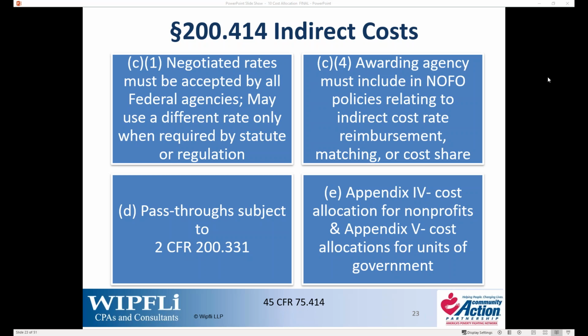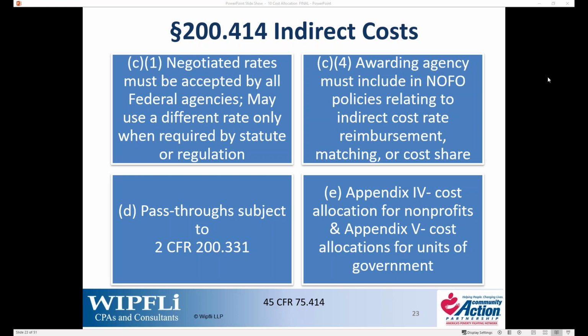Awarding agencies must include in the notice of federal policies relating to indirect cost rate reimbursement, matching, or cost share. So it has to be included in their policies of how much they will accept.